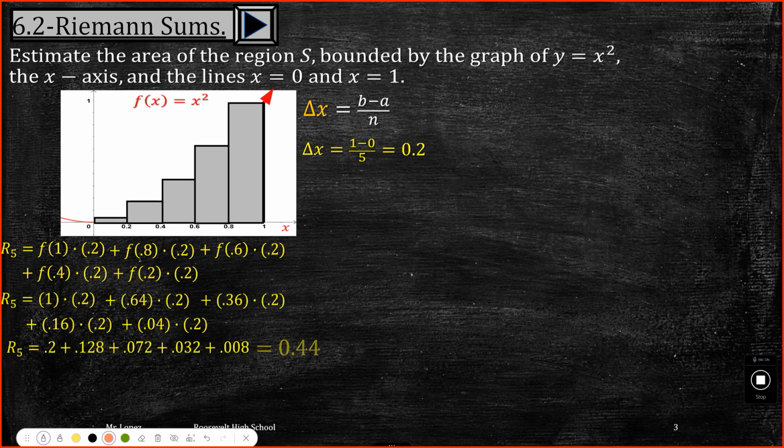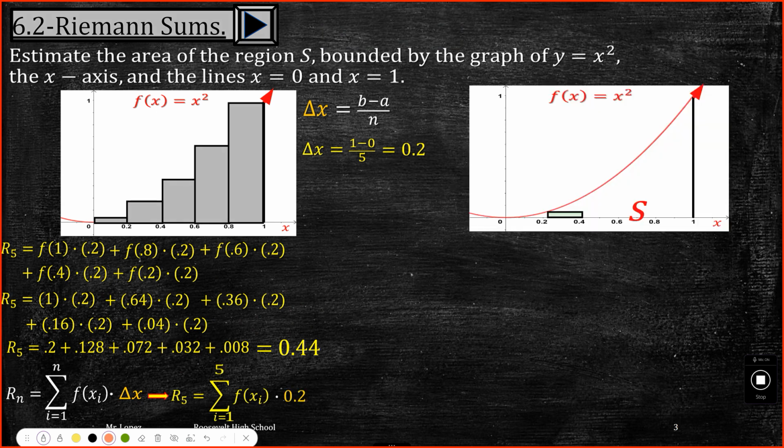You worked it out, it is tedious, it's 0.44, right, in the Riemann sum R5. Okay, there's also a left Riemann sum, so instead of doing a right 5, we could do a left 5. If we cut it into 0.2 widths, then we start on the left instead of the right.